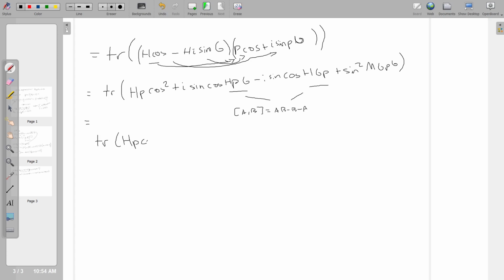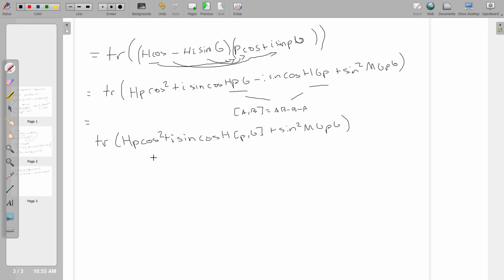We just do HP cosine squared plus i sine cosine H[P, G], and then plus sine squared HGPG.